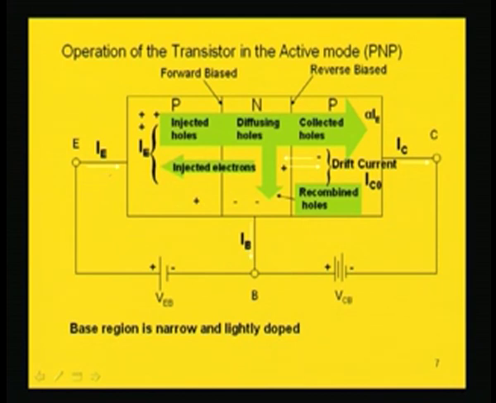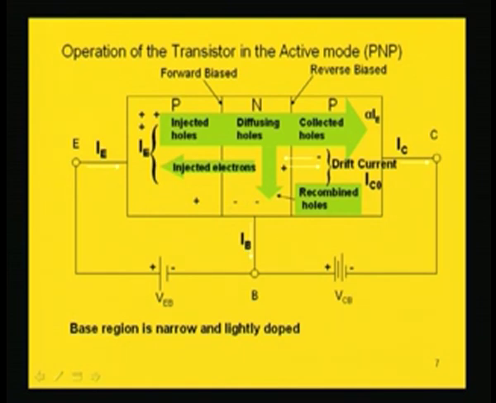So, emitter current will be constituted by this movement of holes from emitter to base as well as movement of electrons from base to emitter. So, overall direction of currents is giving the emitter current. Out of these holes which now are entering the base region, some will be recombining with the electrons.